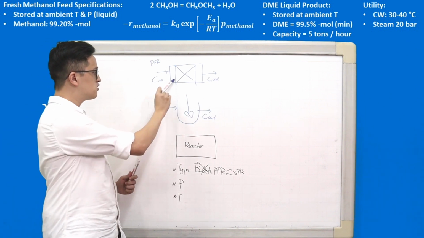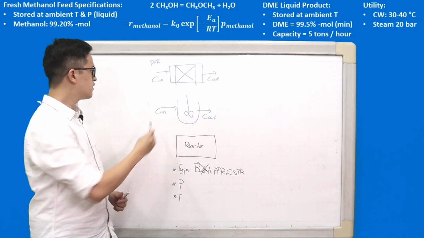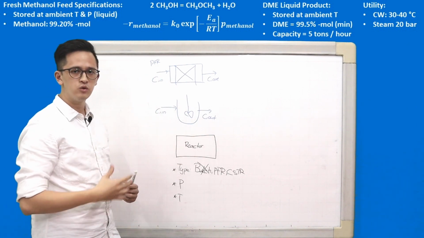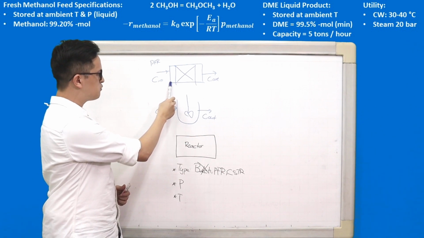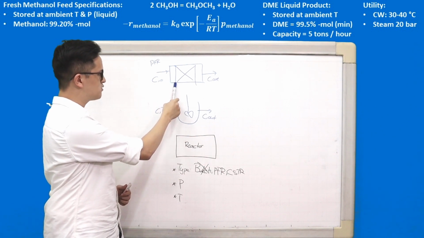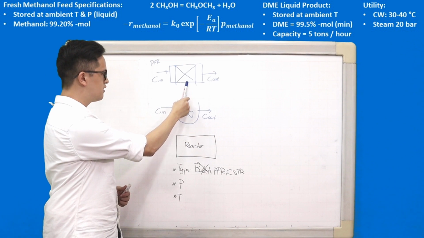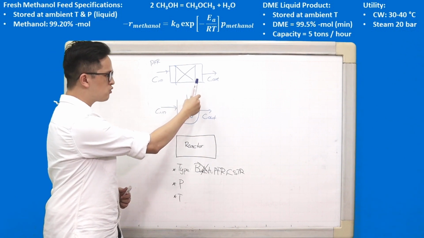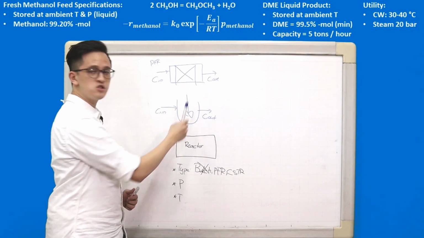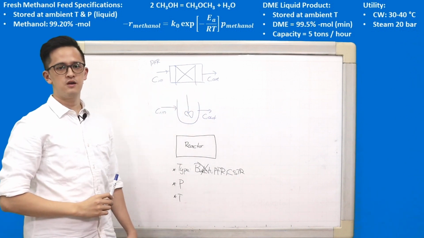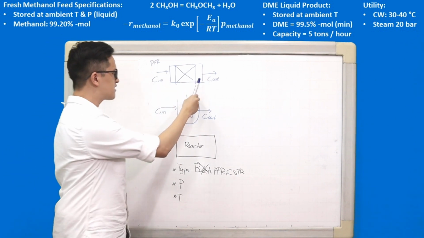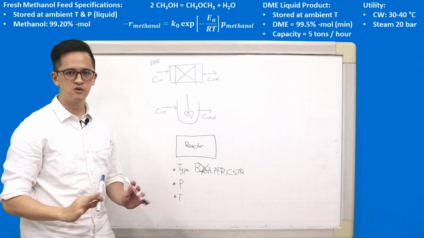If we put it into the pipe or the PFR reactor, that concentration will decrease gradually along the way. So starting from 99.2% and then probably decrease to 95%, 90%, 85%, and so on, up until a very small concentration at the end of the reactor. Let's say it exits at about 10%, for example.